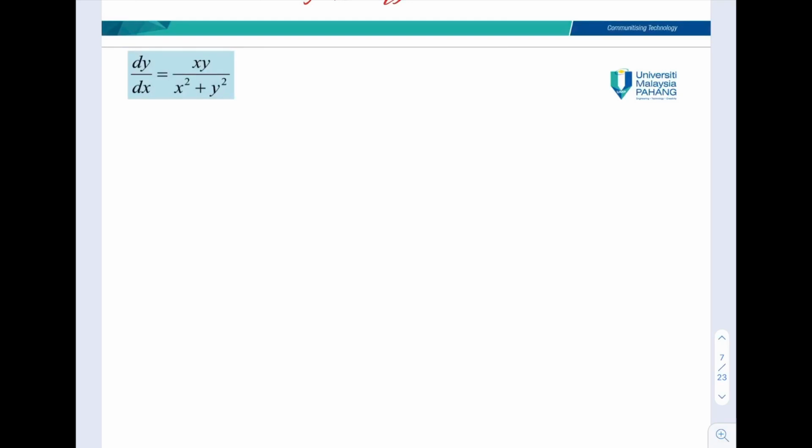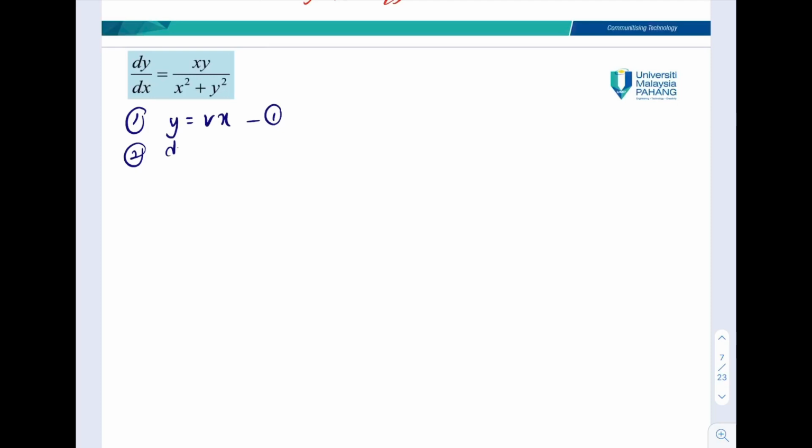Alright, so now we will do the steps. Remember that we use the substitution equation. This one is standard: y equals vx, equation 1. Then the second one, we have to differentiate equation 1 with respect to x.